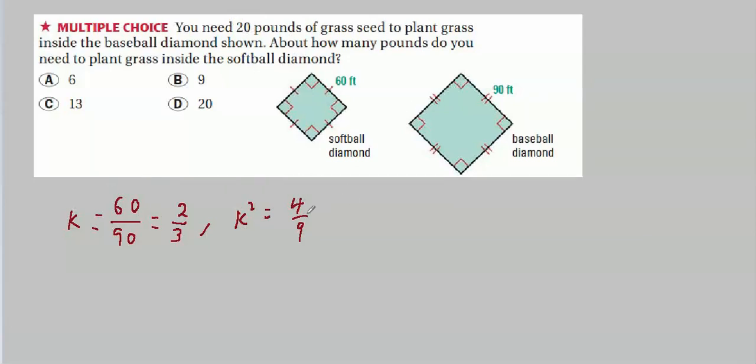So if we take 4/9 and multiply by 20, well, that's 4 times 20 is 80, divided by 9. It's just about 9, isn't it? It's like 8 point something or other. It would round off to 9 for sure. And since we don't have anything with decimal places here, the closest answer is this one here.